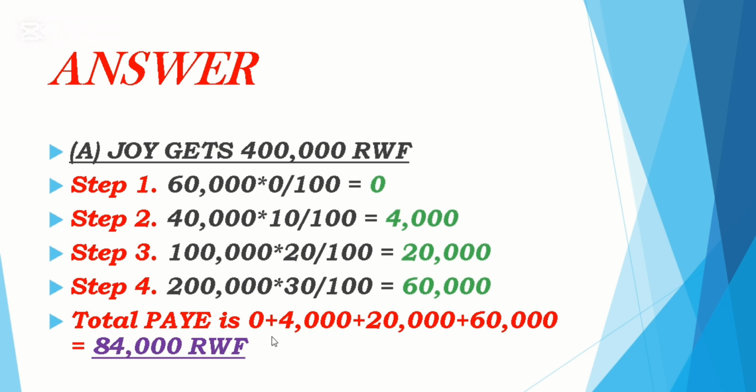So that's to say, every individual person who earns a monthly salary equivalent to 400,000 is supposed to pay 84,000 as professional income tax to Rwanda Revenue Authority every month. I hope that you are understanding.